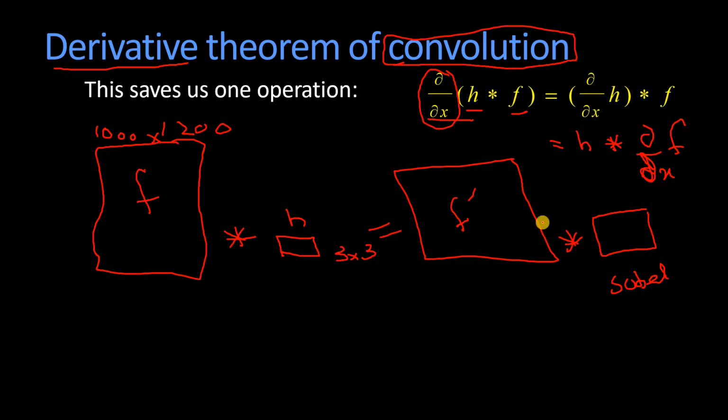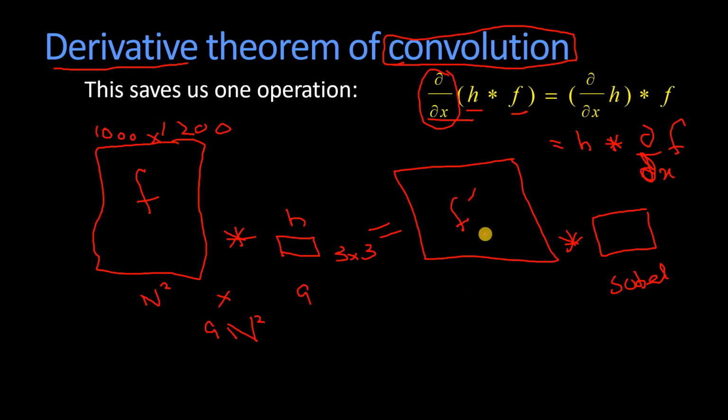But what is happening here is, how many computations will you make? Let's say your image size is n by n, and your kernel is 3 by 3, which is 9. How many operations do you make here? 9n square. Okay, done.